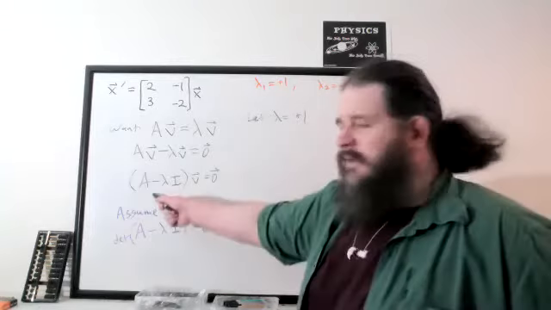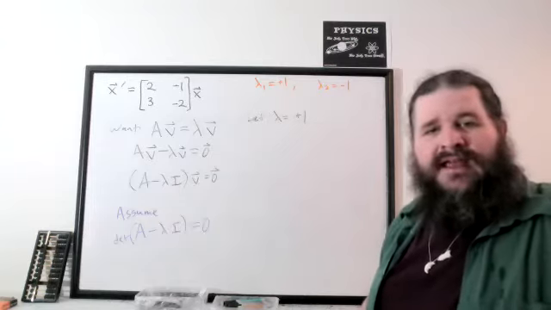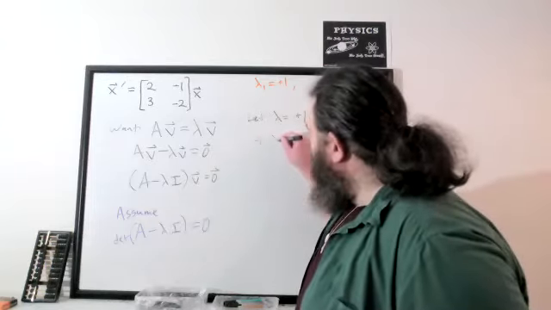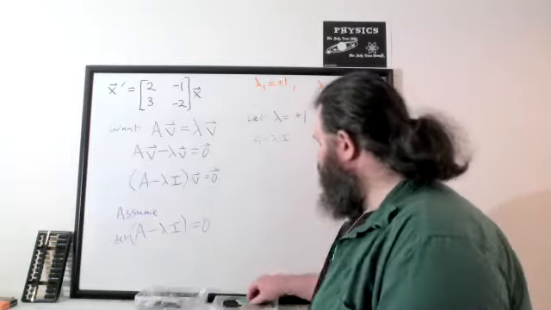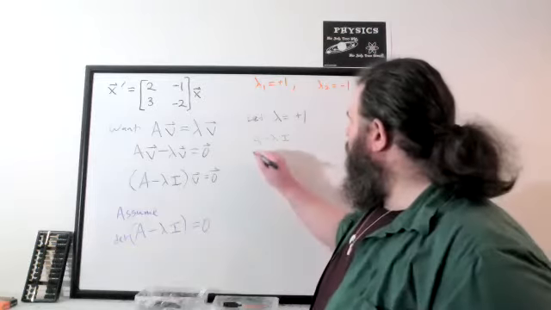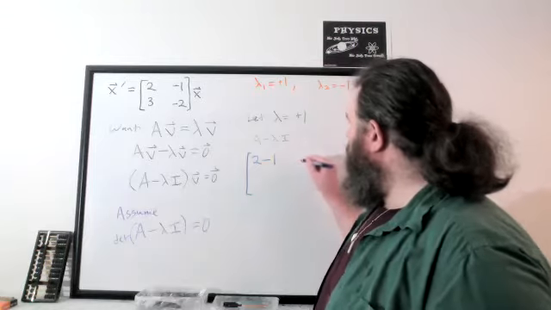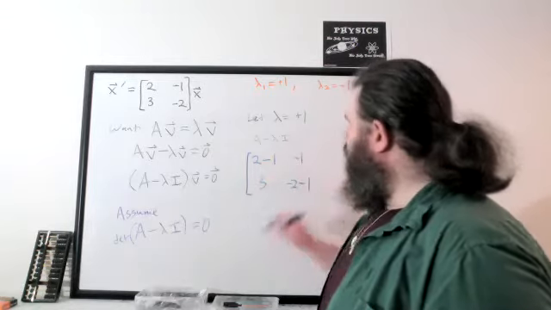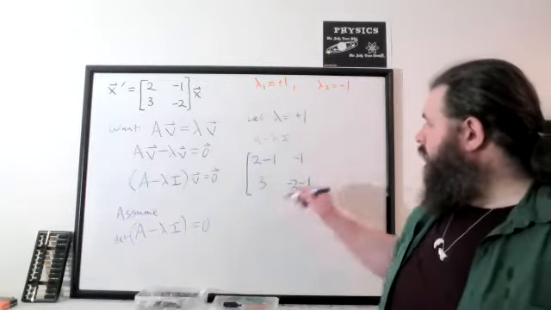If we write out A minus lambda I using +1 for lambda, that means we're just subtracting 1 times I. So A minus lambda I is going to look like 2 minus lambda, -1, 3, -2 minus lambda. We're subtracting lambda from everything on the main diagonal, but lambda here is 1.